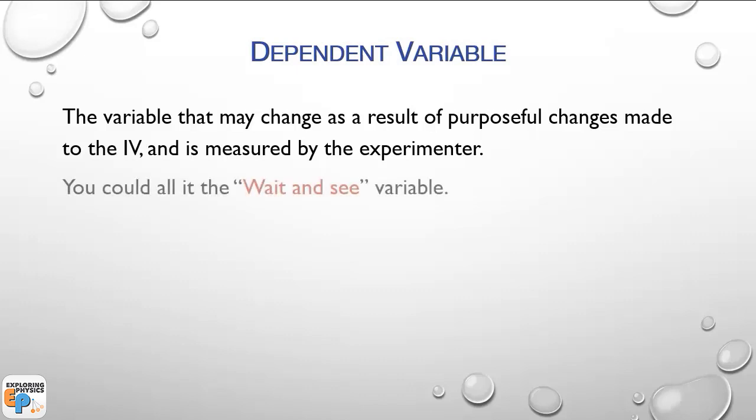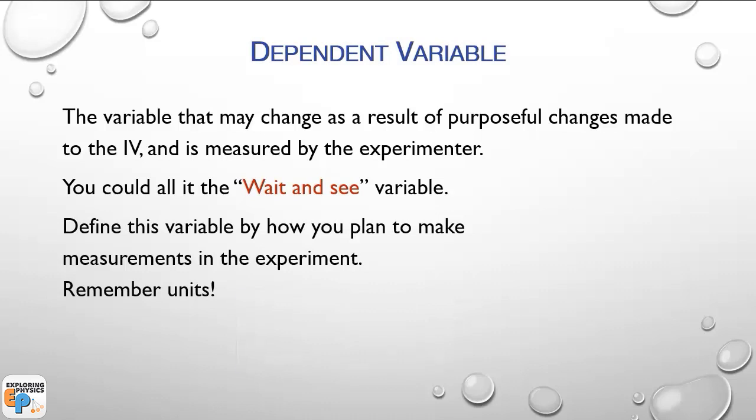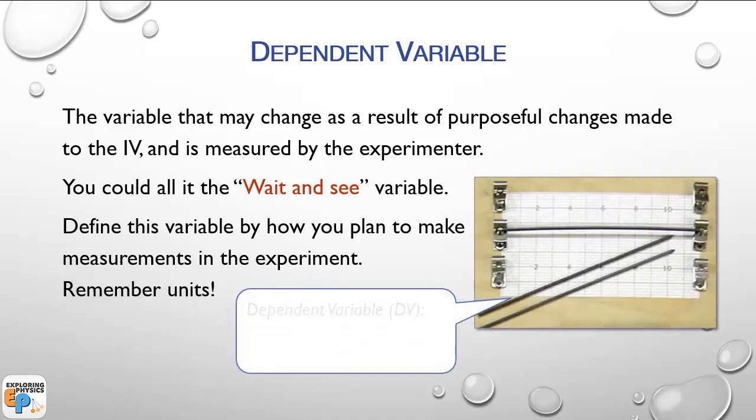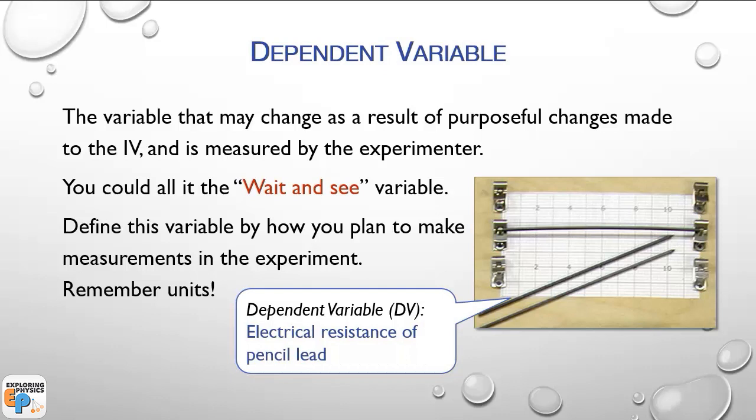You could also call it the "wait and see" variable. Define this variable by how you plan to make measurements in the experiment, remembering your units. Here, the dependent variable is the electrical resistance of the pencil lead.